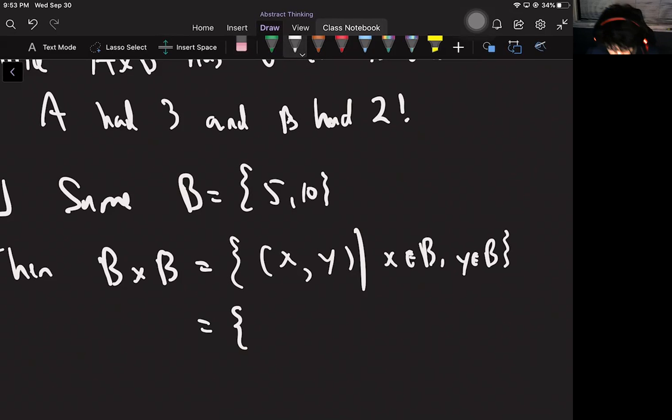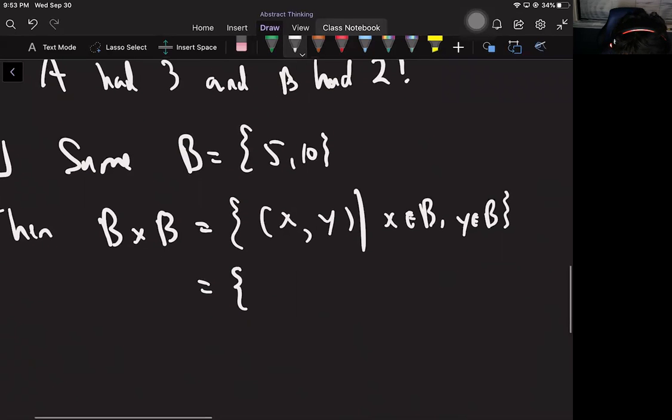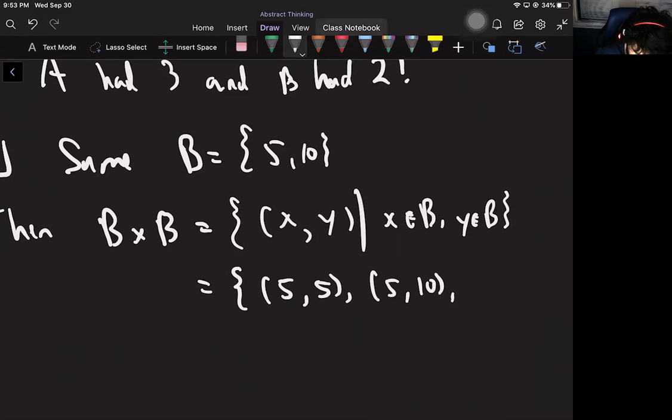So as x and y vary through all the possible elements of B, what elements will I get now when I do B cross B? Well, the first coordinate can be 5, and I can pair that with the second coordinate also being 5. And then the first coordinate can be 5, but I could pair that with 10 being the second coordinate.